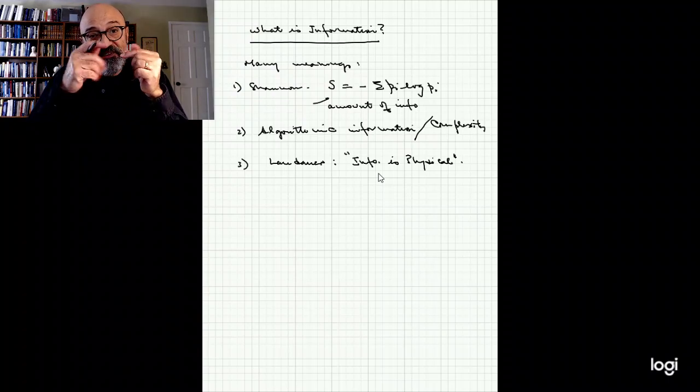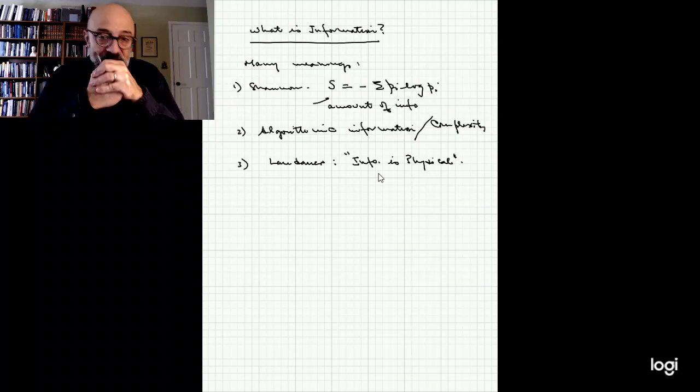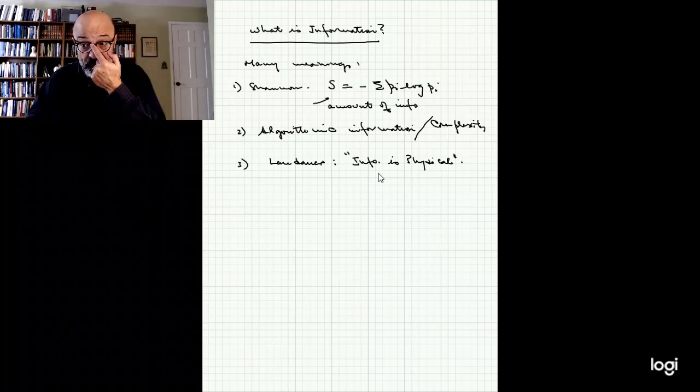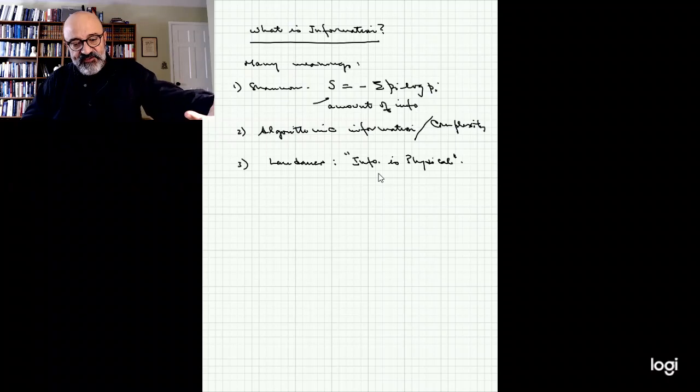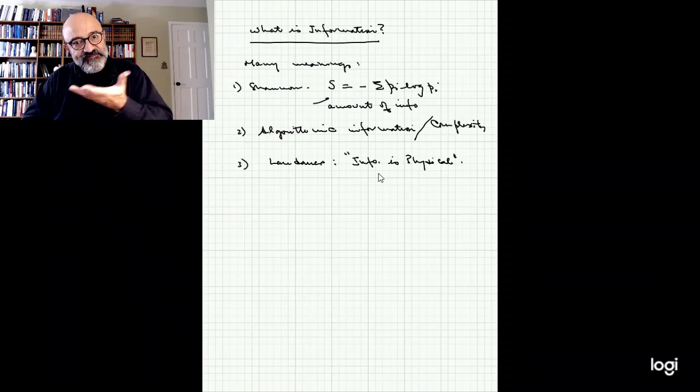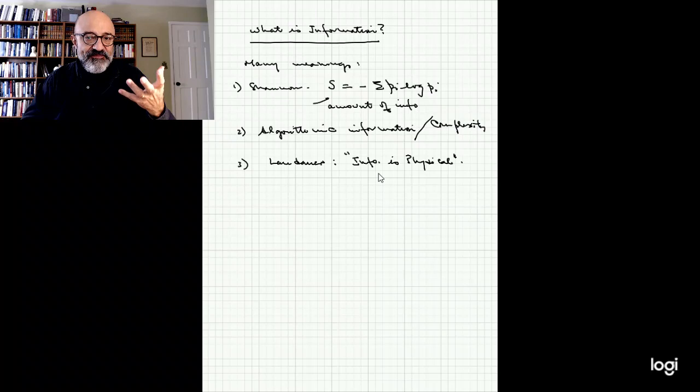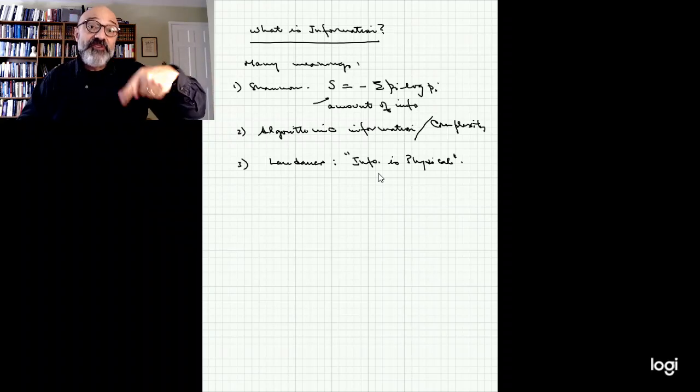That's fine. In the same way, when you have a system, you can claim that the system codifies information about its own state.